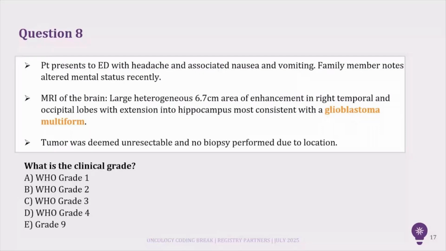Let's launch the poll. Okay, just a few more seconds.